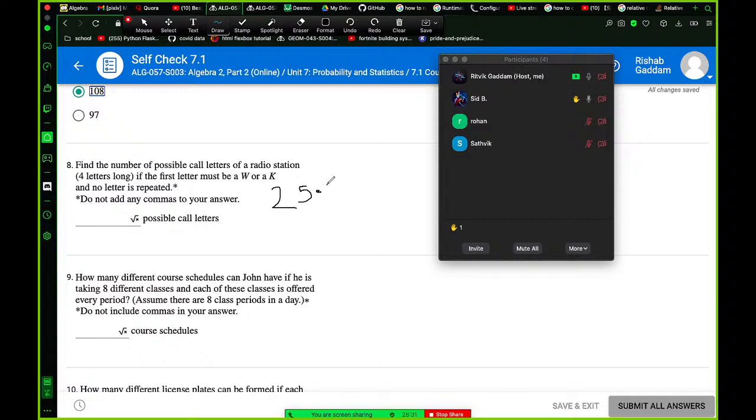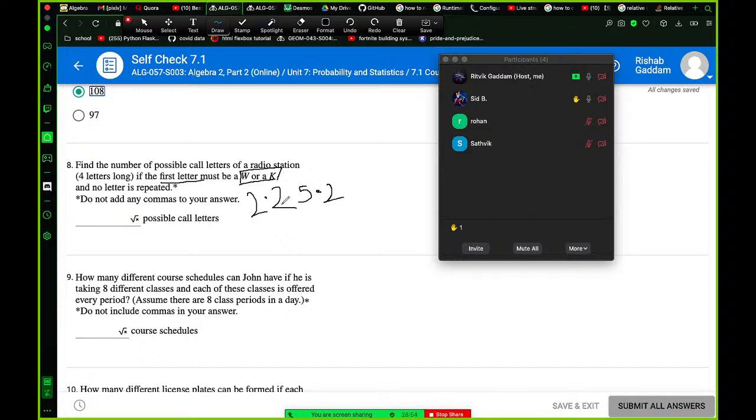So 25 times 25, that's 25 to the power of 2. Times, I think the first one is actually only 2, because the first letter must be a W or a K. Oh, I thought the first one has to be W and the last one has to be K. Okay, yeah.